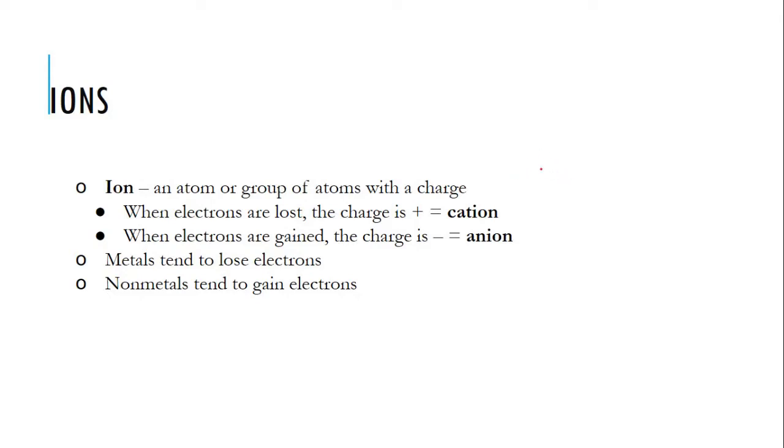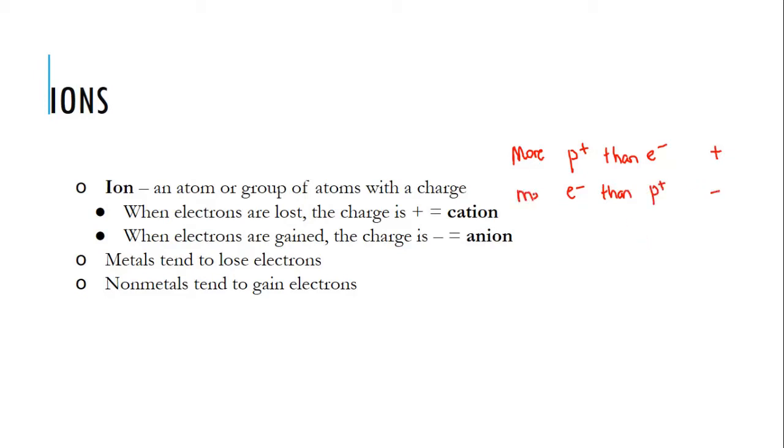In that simulation, if you had more protons than electrons, that meant you had more pluses than minuses. That made a positively charged atom, a positive ion. And if you had more electrons than protons, then you had a negatively charged atom.